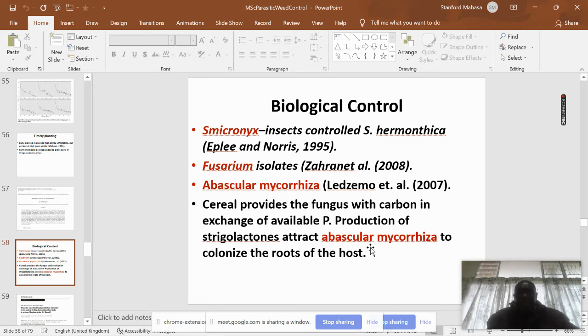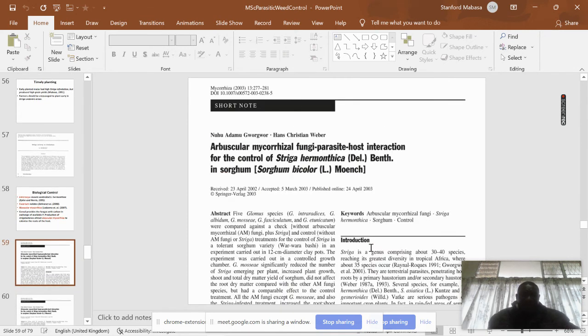So if we breed crops for low strigolactone production, we may not affect the requirements for the arbuscular mycorrhiza. And this has actually been demonstrated in some papers.